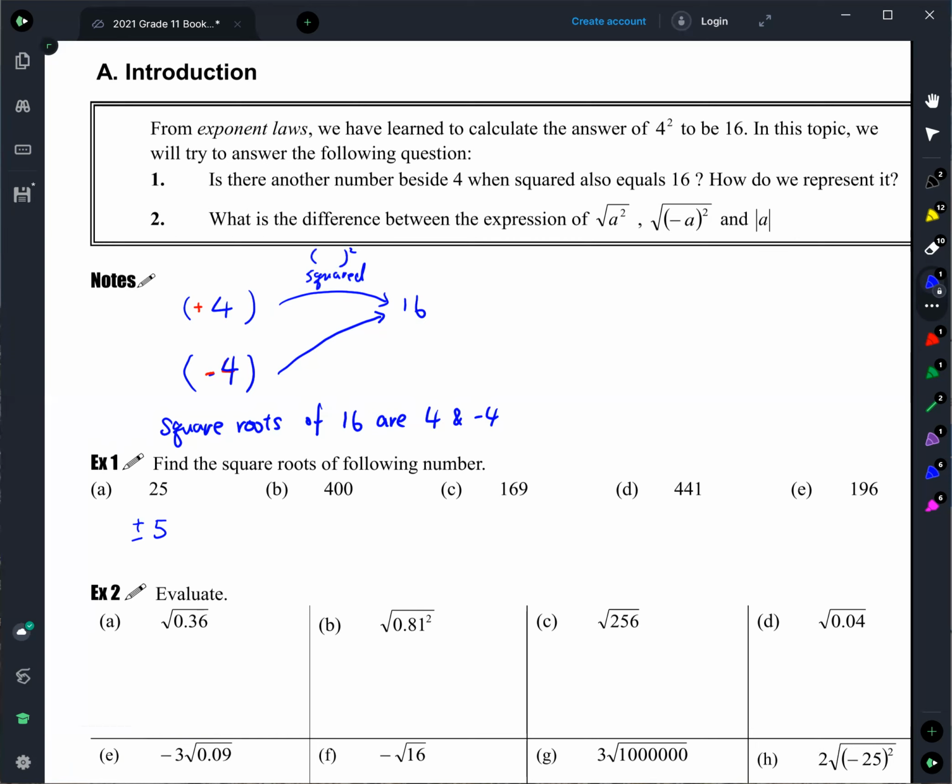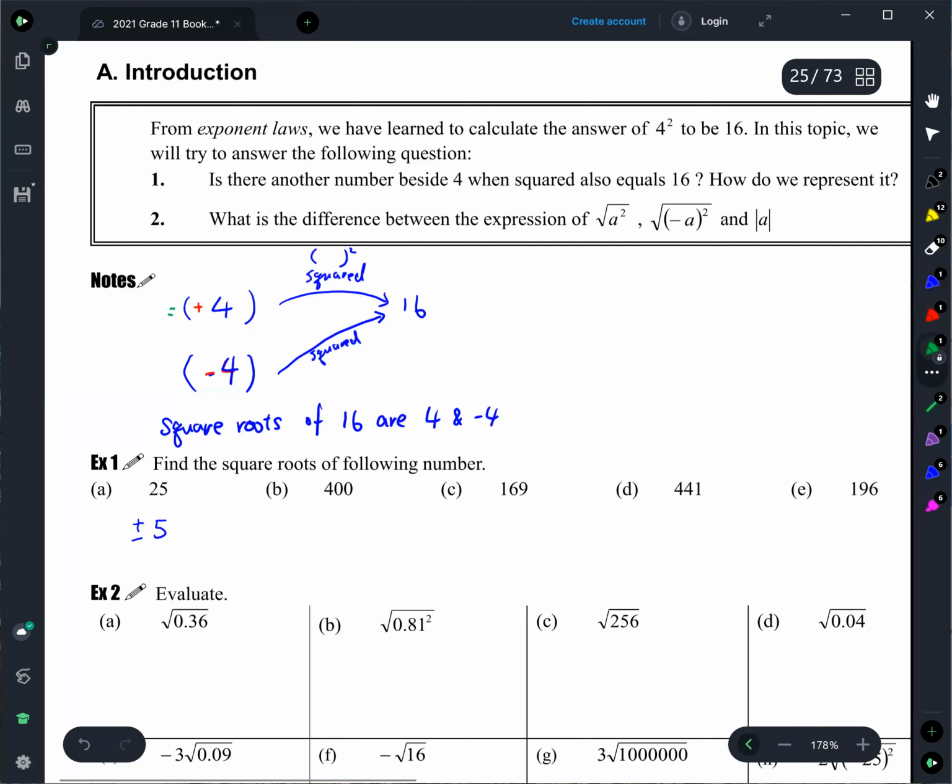Negative 4, if you square, will also give you 16. So they design a symbol to represent each root, okay? For the positive square root, they just write radical of 16.